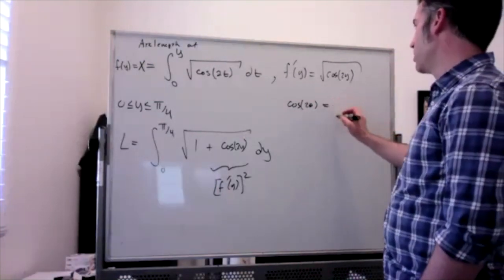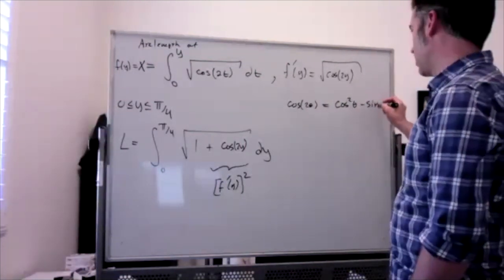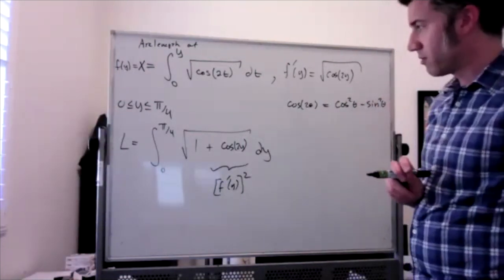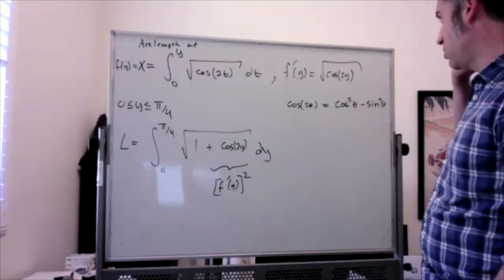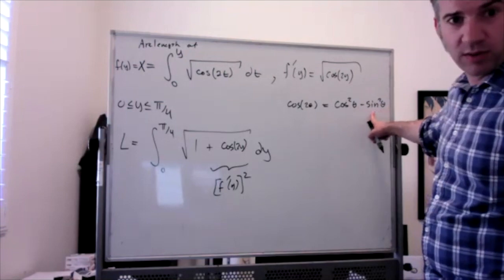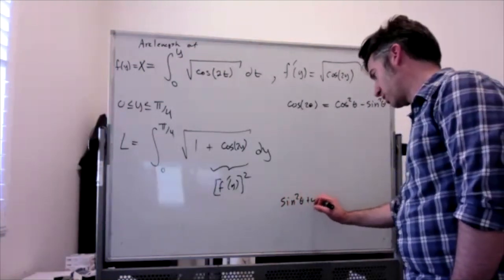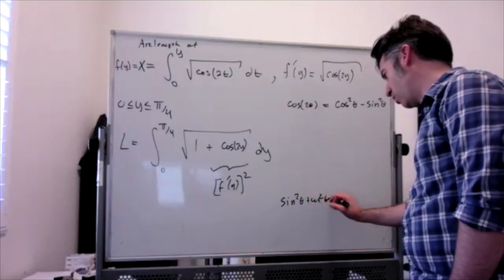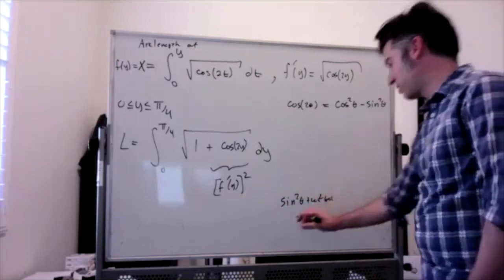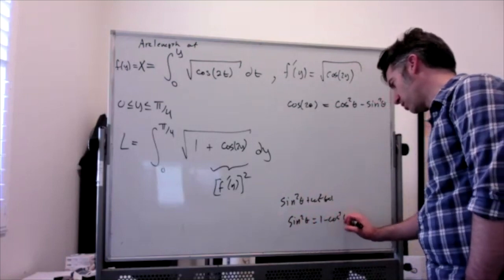The one I remember is cosine squared theta minus sine squared theta. I'm going to replace the sine squared using the other trig identity, sine squared theta plus cosine squared theta equals 1, so sine squared theta is equal to 1 minus cosine squared theta.